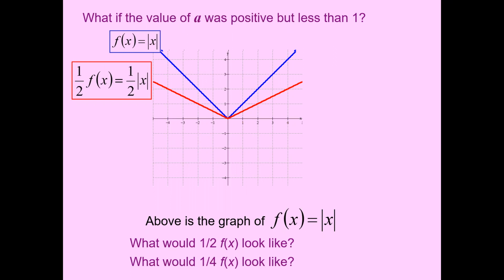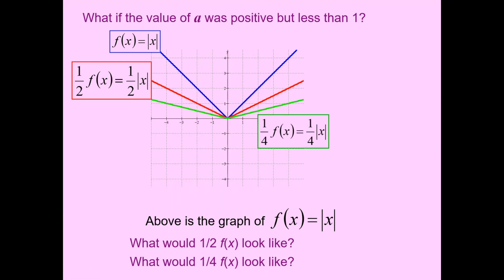Okay, what will 1/4 f of x look like? What happens when we multiply by 1/4? I hope you guys can see that the original graph is the blue one. If this is a 1 and I multiply by 1/4, then it's going to be shorter right here. It's smaller, 1/4. And this one's going to be 1/2, like about here. So then you can see the green graph.